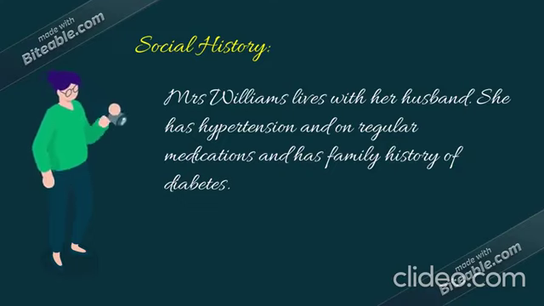And if it is already past and presently it is not there, you can write just had. So the past is had and the present is has, and if it is continuing from a specified year, you can write has had. So regarding this patient, Mrs. Williams lives with her husband. She has hypertension and is on regular medications and has a family history of diabetes. The last paragraph is the conclusion paragraph or recommendation paragraph.